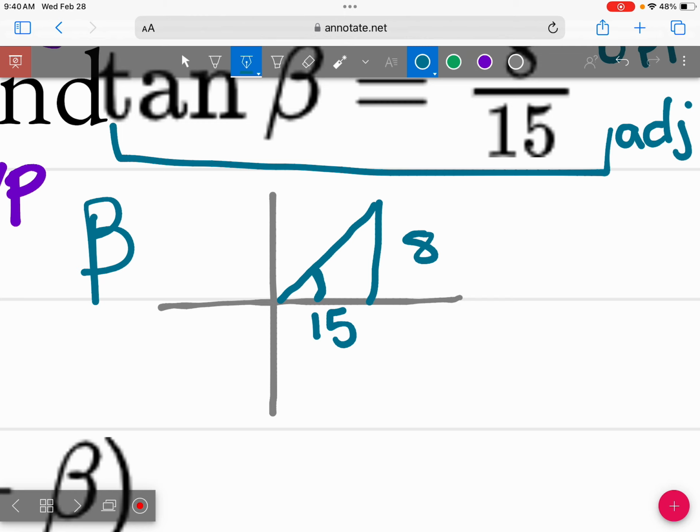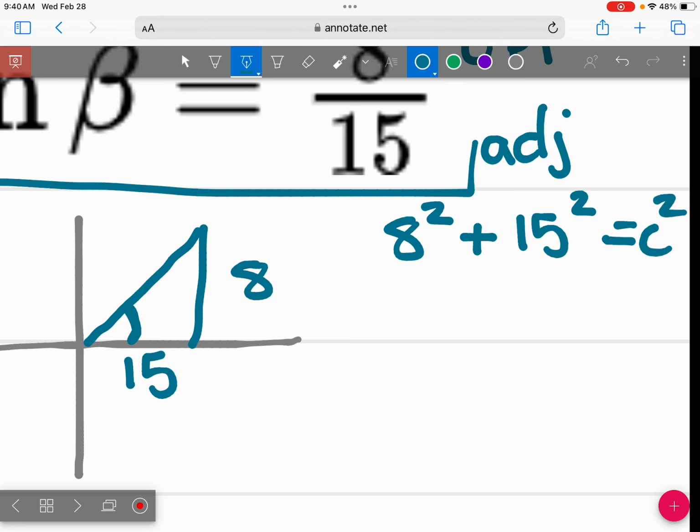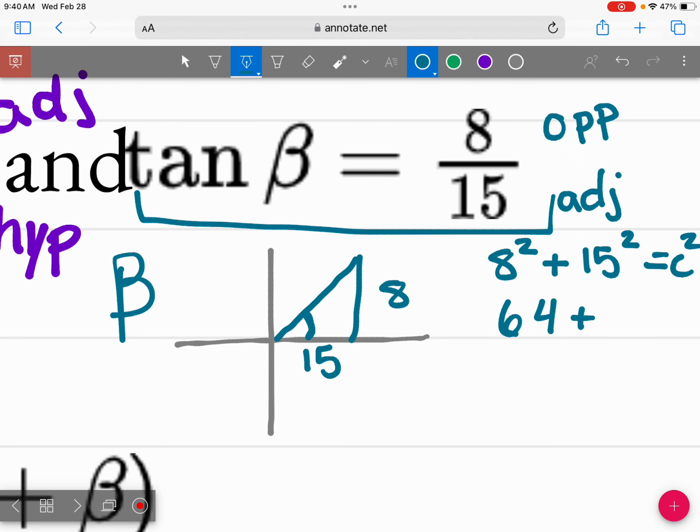And this is not one we're going to know off the top of our head, so we can Pythagorean theorem it. 8 squared plus 15 squared gives us 64 plus 225, I think. Work our way down.